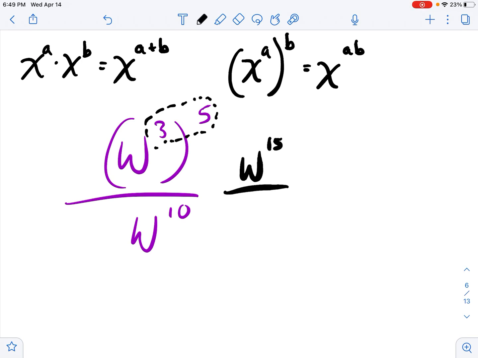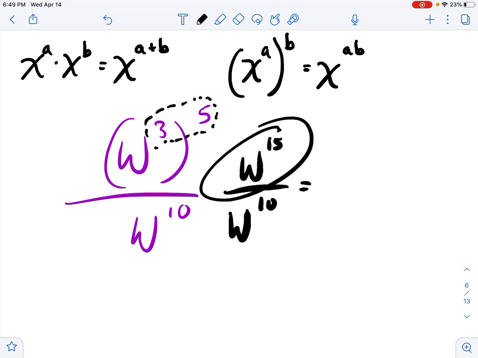So I'm going to really have w to the 15th over w to the 10th. And my greater power is in the numerator, so that's where my value is going to end up. So I'm going to take this difference between 15 and 10, and I'll get w to the 5th. And you can just write that w to the 5th.